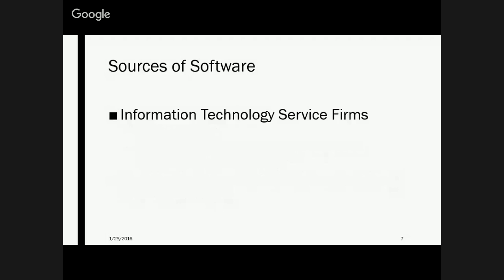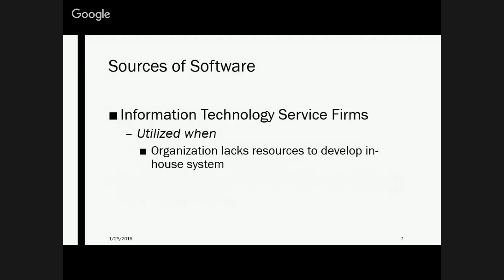Yeah. So the first source of software is an IT service firm. Basically, if you don't have the resources to make your own system, and there's not an off-the-shelf system, so no one has that software, you need this very specific thing that doesn't exist, and you don't have the manpower or the skills to develop it internally, you can go to one of these service firms and have them come in and help you do it.